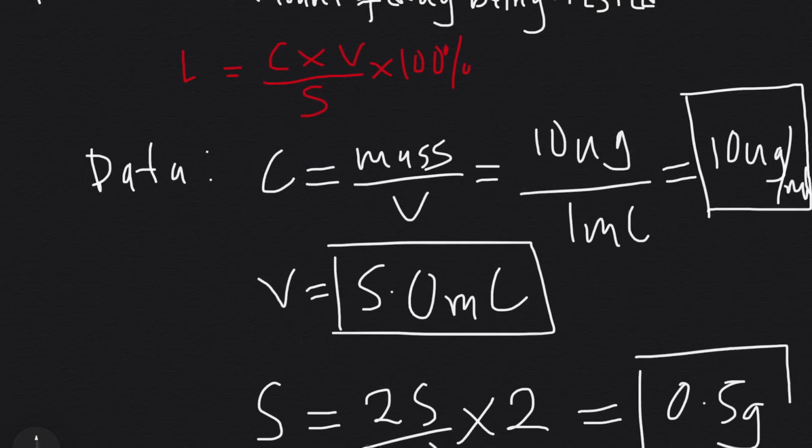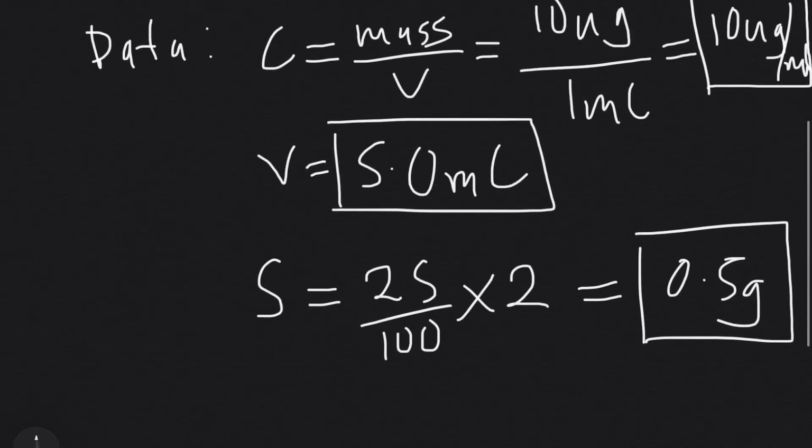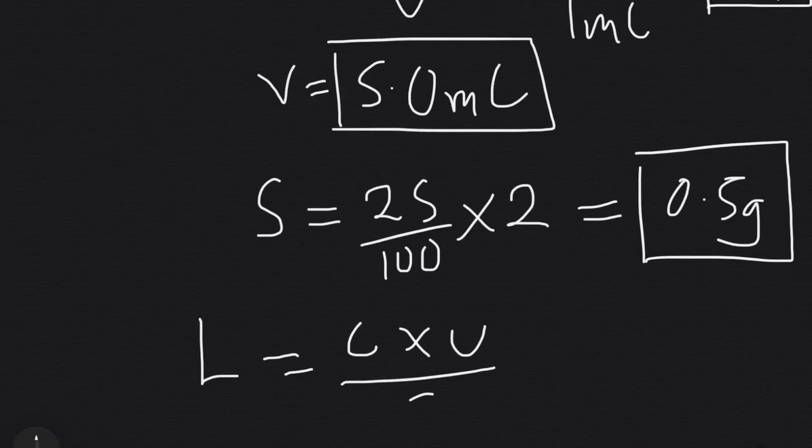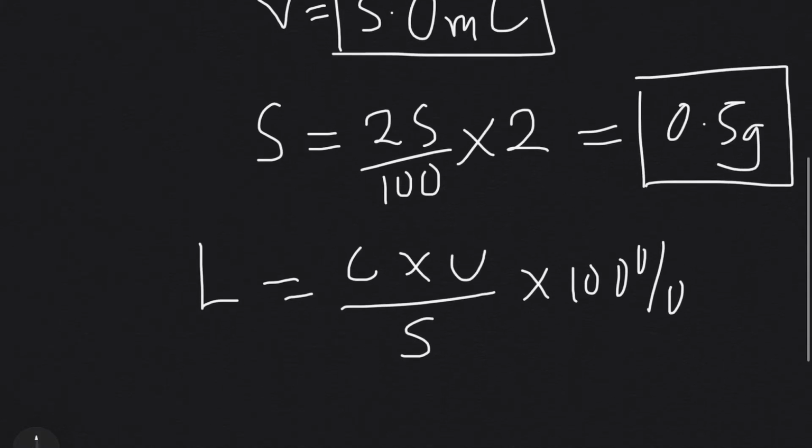Now we also have our S, so we can just get these figures and replace them into our equation. The limit equals concentration multiplied by volume, divided by the amount of drug being tested, then we multiply the result by 100.